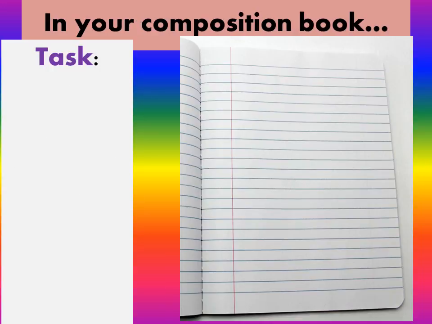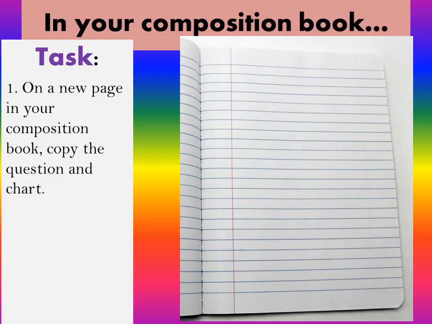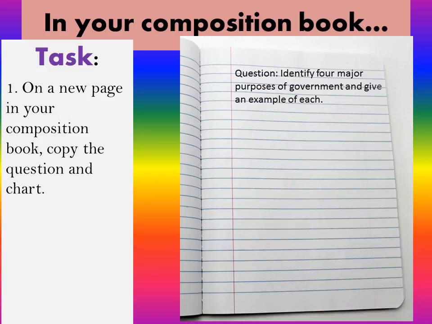Okay, so what I want you to do first is open up your composition book to a fresh page. On a new page in your composition book, you're going to copy the question and the chart. This is the question that I want you to write: Identify 4 major purposes of government and give an example of each. Then you have to do a chart, and here's what the chart looks like.